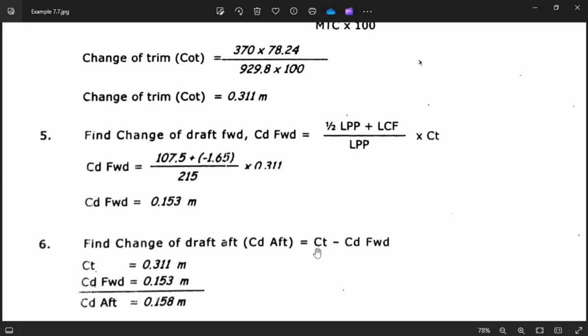The formula is change of trim, which is 0.331, minus your change of draft forward, which is 0.153, and the change of draft aft will be 0.158. Take note of this change of draft forward and change of draft aft. Okay, so we go to the next figure.